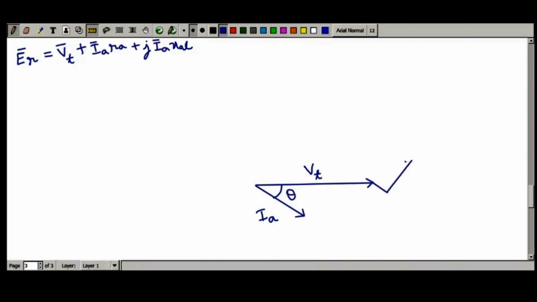So this is your armature leakage reactance drop. You can view it here, you see, it is in quadrature. So you can just make it dotted like this.